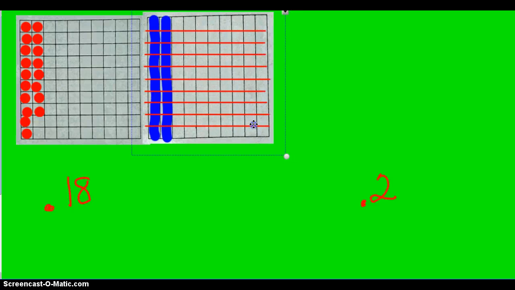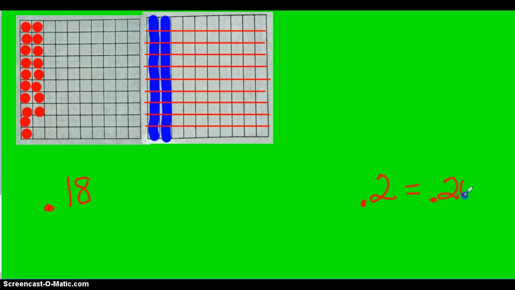So you can see that 2/10 actually is the same thing as 20 hundredths. Okay? And now this makes it a little easier to see because we know that 20 hundredths is 2 more hundredths than 18 hundredths, and we can see it on the grid.